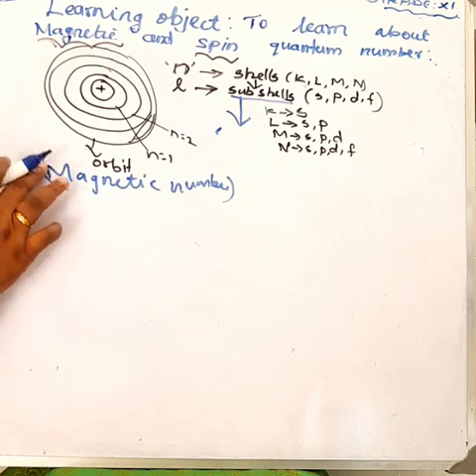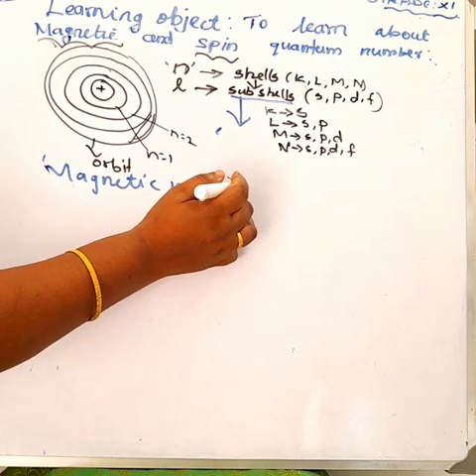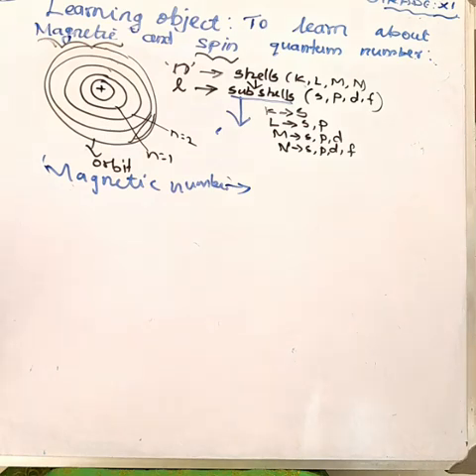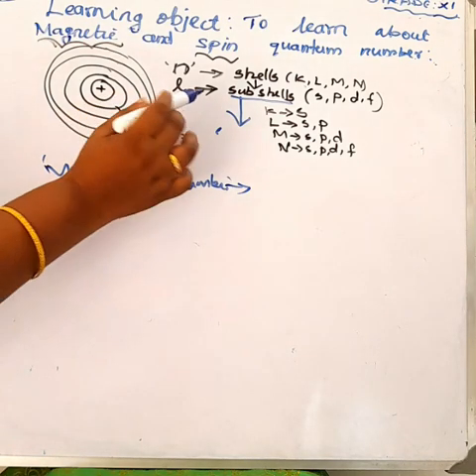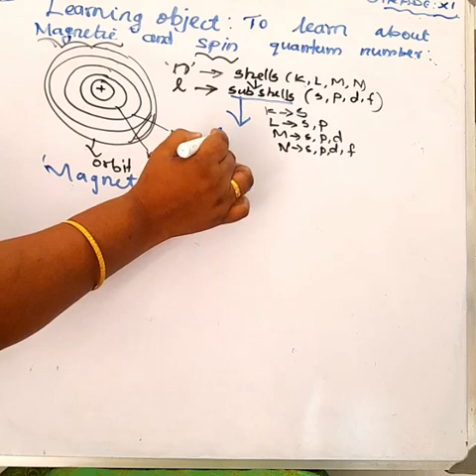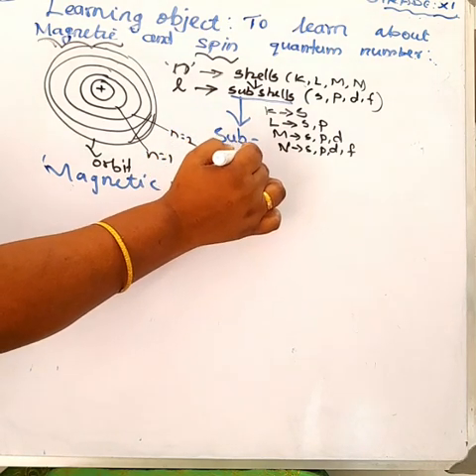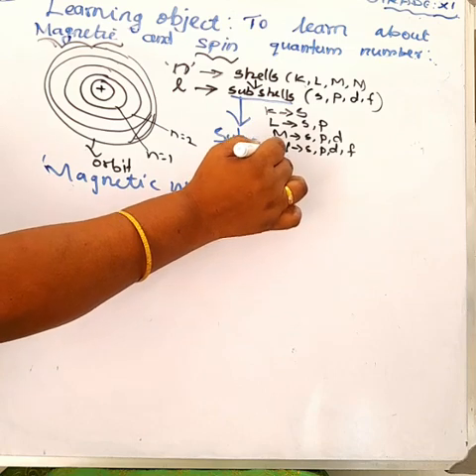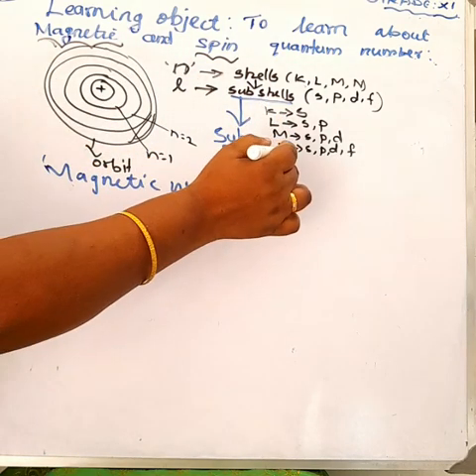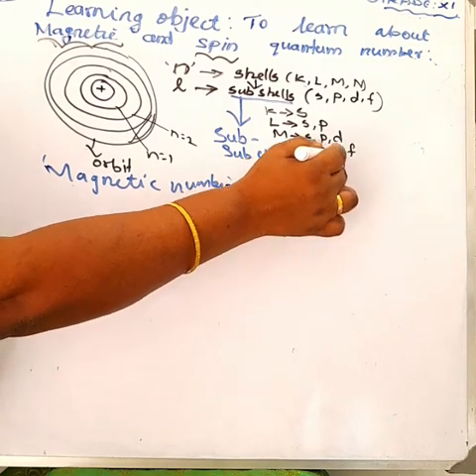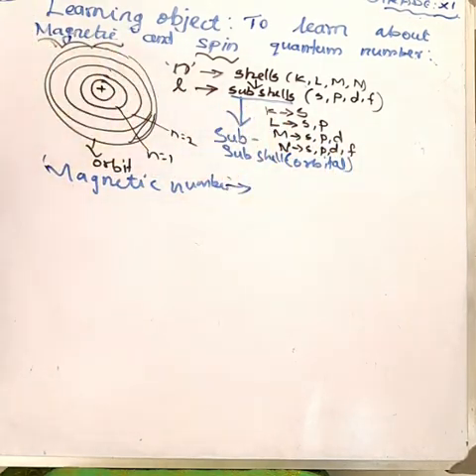So the shells are divided into subshells. These subshells are further divided into orbitals. Understood? What is an orbital?